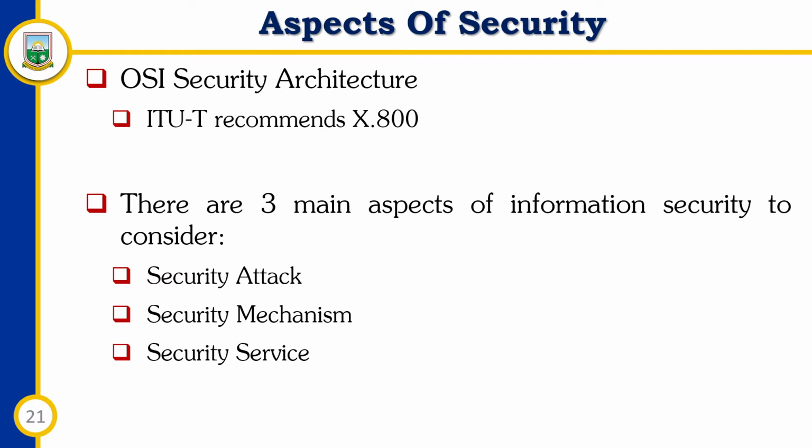We have the security attack, the security mechanism used for the attack itself, and also the security services. We are going to talk about each one of them. You should be mindful that the X800 defines a systematic way of defining and also providing security requirements.